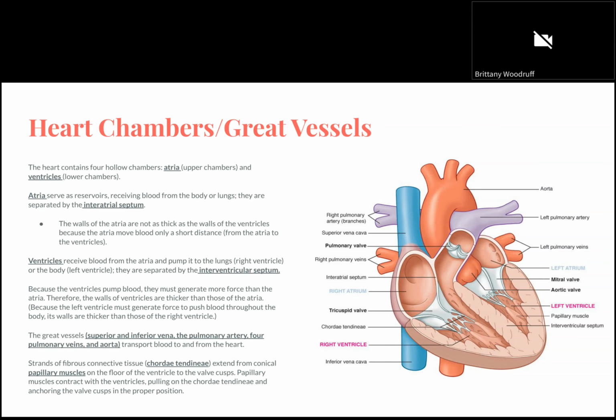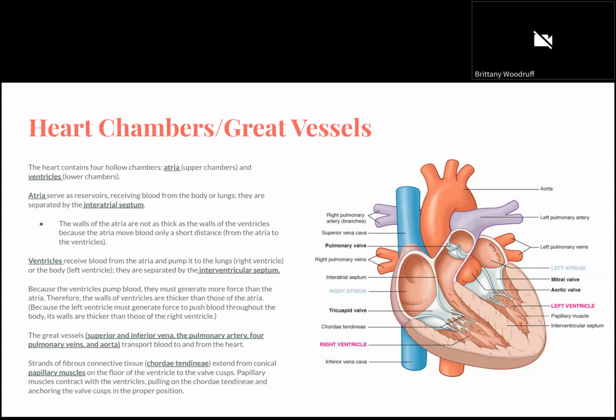Your upper chambers are called atria. So atrium is singular, atria is plural. Lower chambers are going to be called ventricles. Okay? So, looking at our beautiful anatomically correct square of a heart, you have a right atrium. You have a left atrium.